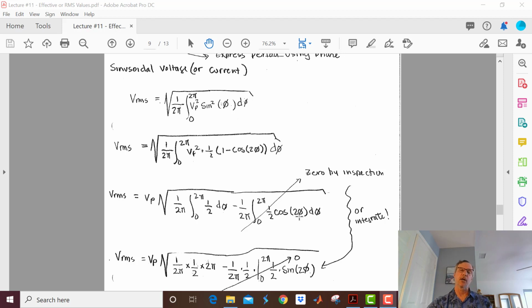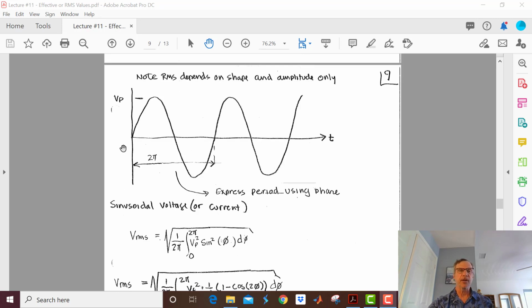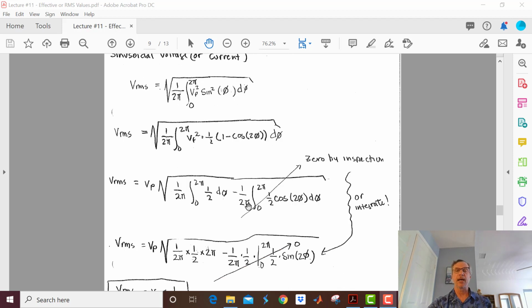If it was cosine phi, I would have one period from 0 to 2 pi. But it's cosine 2 phi, so I've got two full periods, and two full periods integrate to 0. I don't need to do that integral because I can see it. I go up a bunch of area, I go down a bunch of area, I get no area. So I can just say that's 0 by inspection.